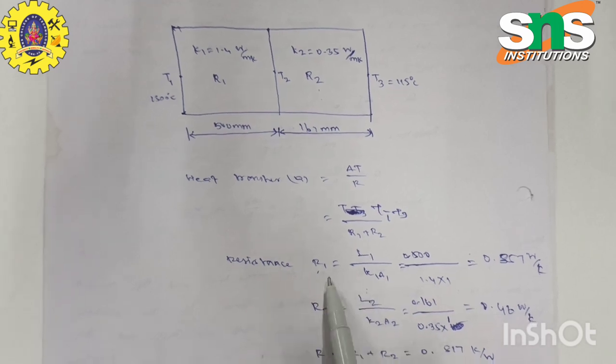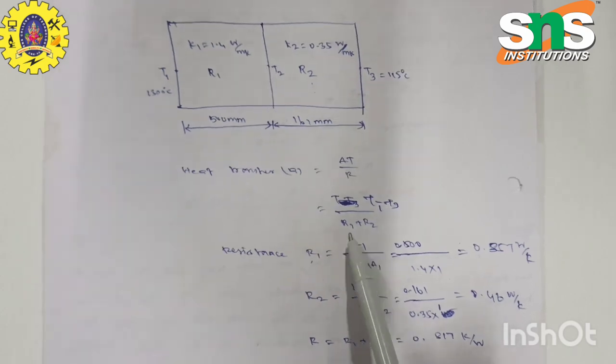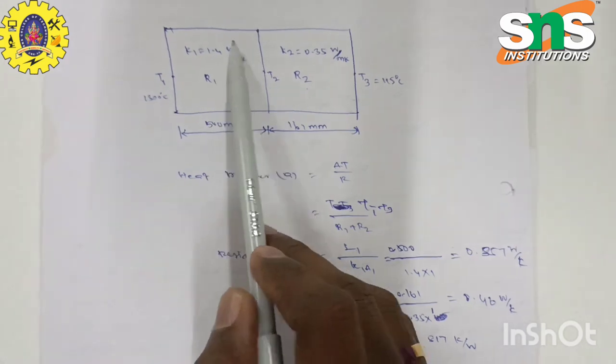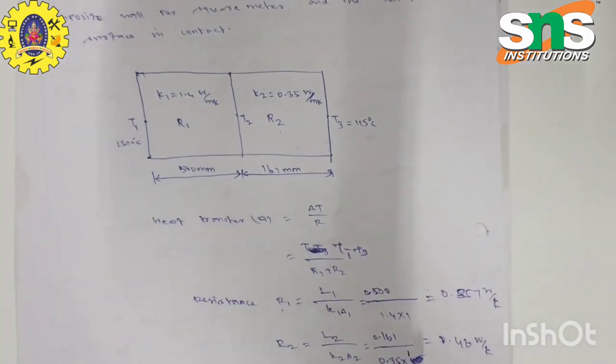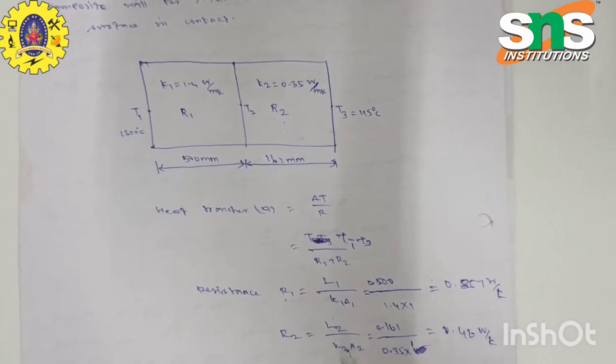For slab 1, R1 is equal to L1 by K1 A1, where L1 is 500, K1 is the thermal conductivity, and A1 is the area, length into breadth. Similarly, for slab 2, R2 is equal to L2 by K2 into A2.